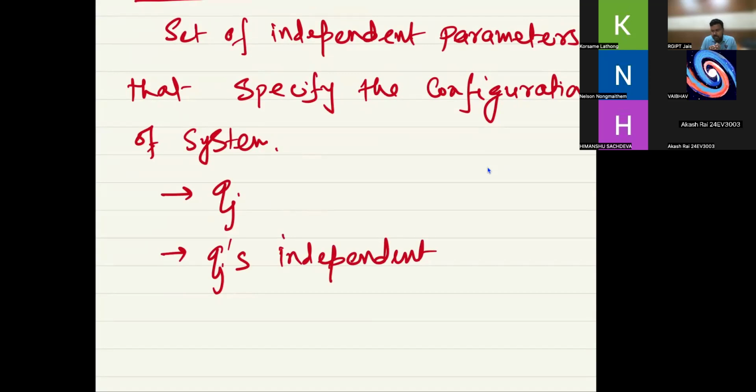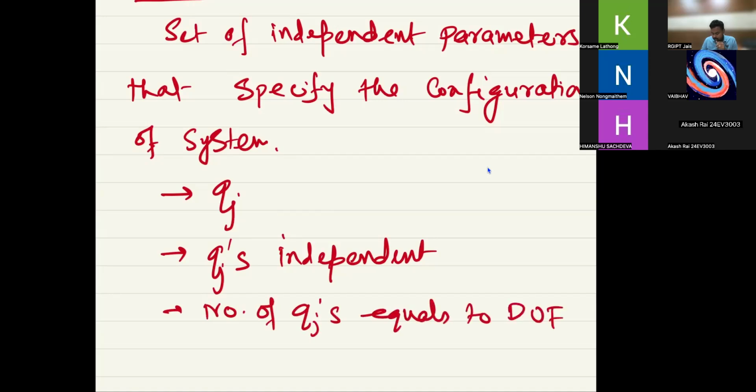But these Qj's are independent even if there are constraints. Also, the number of generalized coordinates equals the degrees of freedom, at least for a holonomic system.